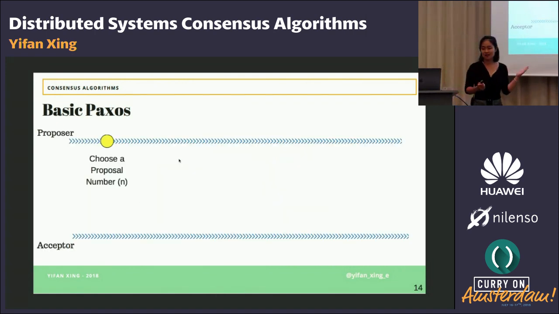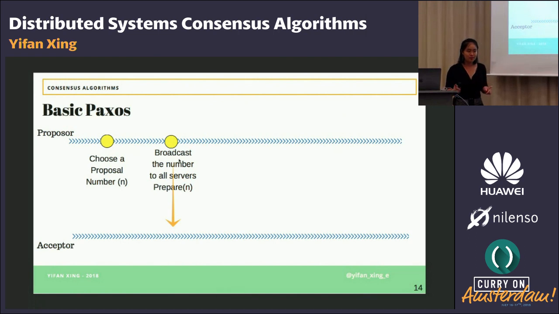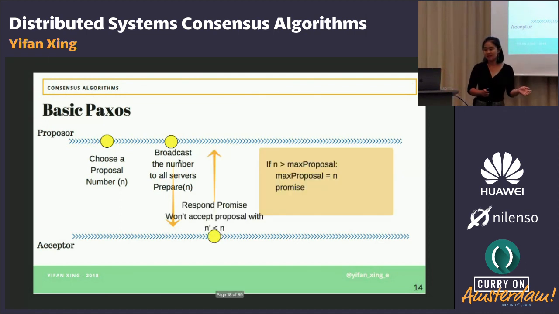So here's the process. The proposer will choose a proposal number. It has to be the largest number it's ever seen. And we're going to talk about how this number is generated later. And it's going to broadcast the number by sending a prepare message to all of the acceptors saying, hey guys, have you ever heard of any other machines yet? And the acceptor will then respond.